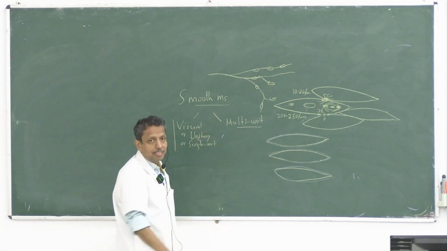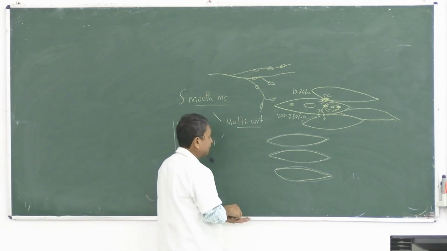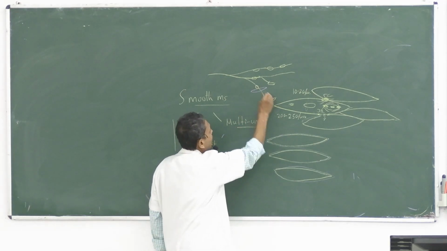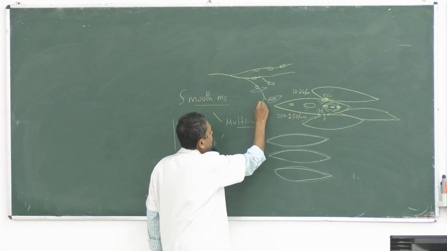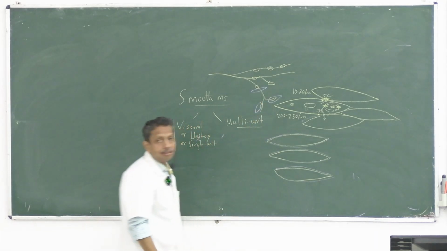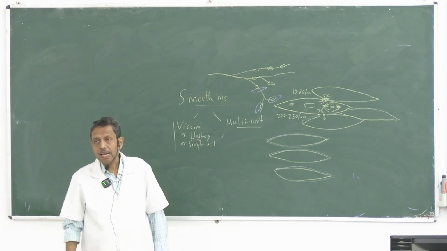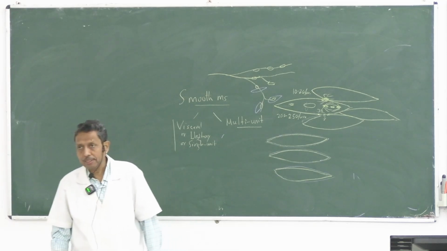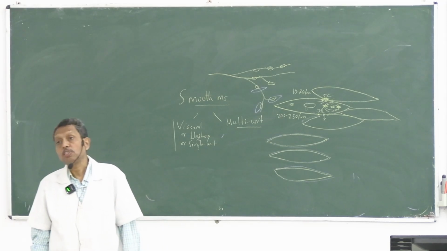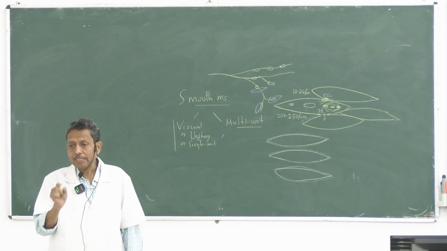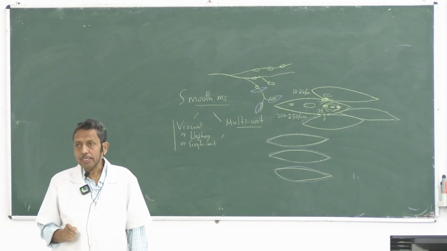In this process it supplies one cell and then the other cells. There are no specialized connections like the neuromuscular junction of skeletal muscle. Varicosities means swellings that contain these neurotransmitters.